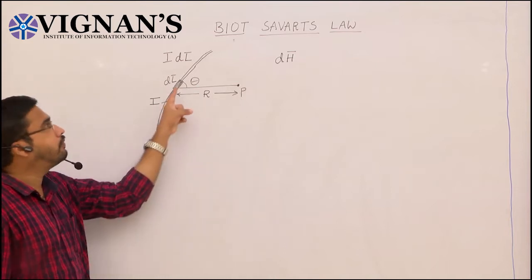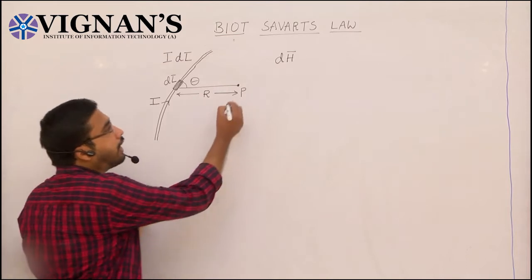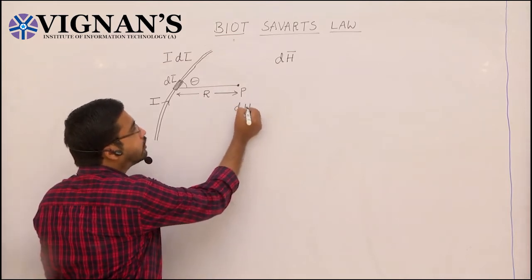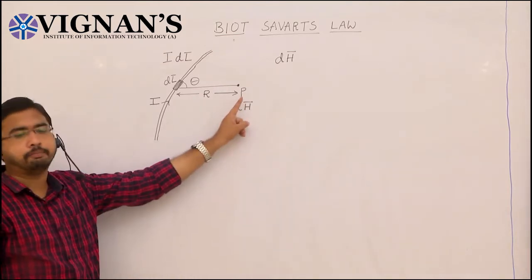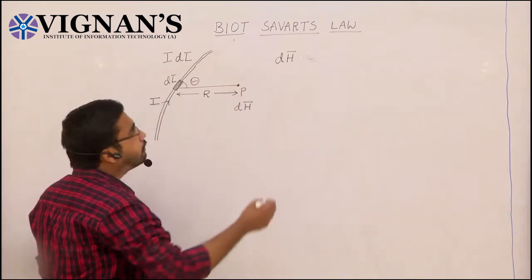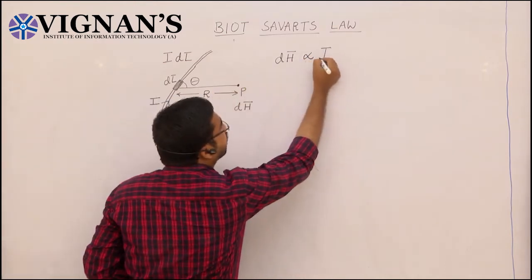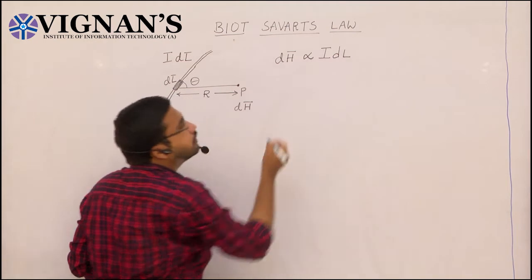From this experiment, Biot and Savart proved that the differential magnetic field intensity dH bar at this point P is directly proportional to the differential current element I dl.